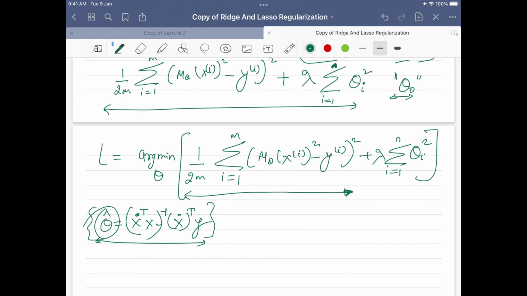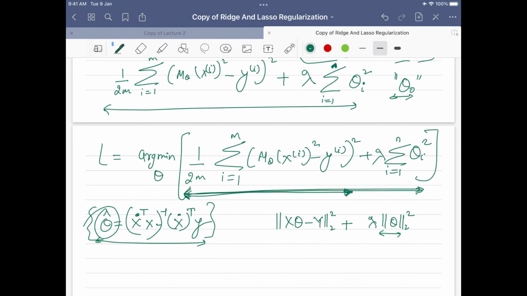In order to make this implementation fast, you normally convert all these equations into matrix form, so that it can be easily represented like this. Here this is the norm of a vector, which we will explain in the coming slides.